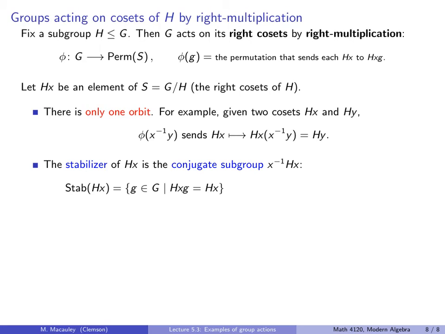Secondly, the stabilizer of hx is the conjugate subgroup, in particular, this conjugate subgroup, x inverse hx. And let's see why. So the stabilizer of hx is by definition the set of all little g in G such that hxg equals hx.